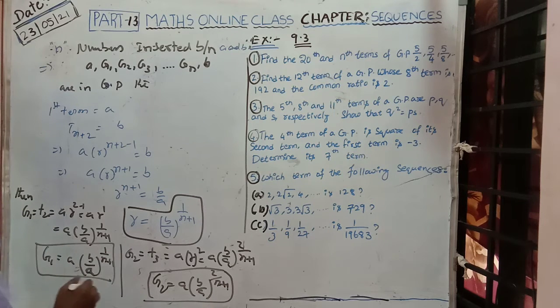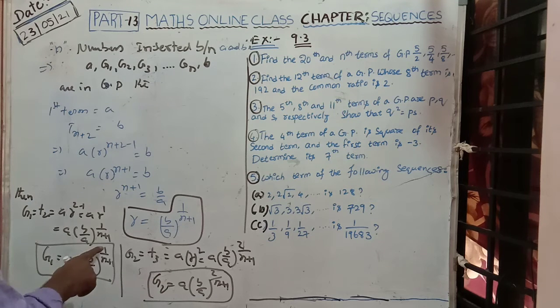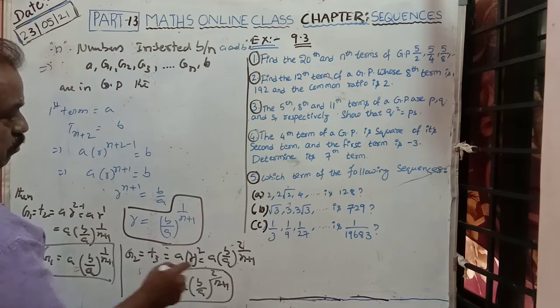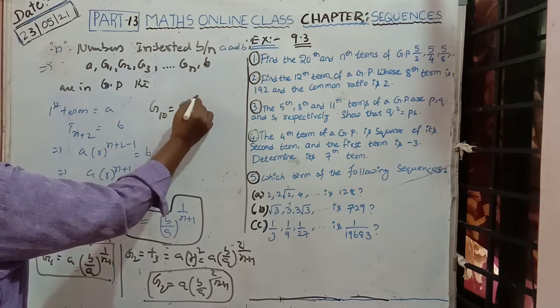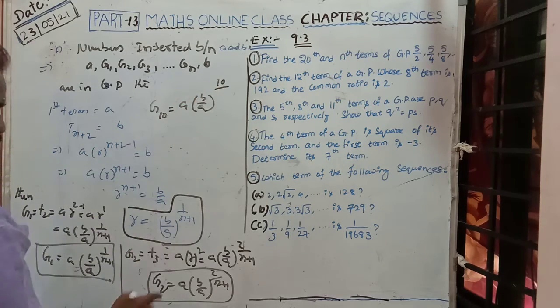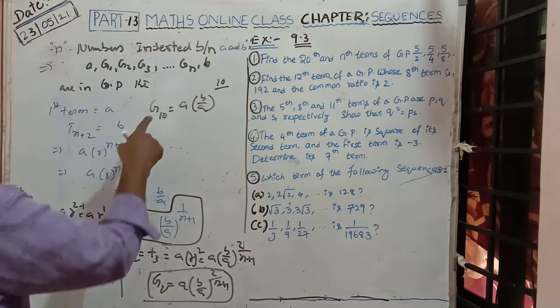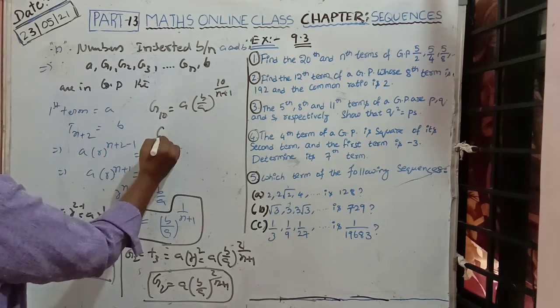In G1, A is common and B by A is common everywhere. G1 means 1 by n plus 1, G2 means 2 by n plus 1. Suppose G10 is needed, that is A into (B by A) power 10 by n plus 1.